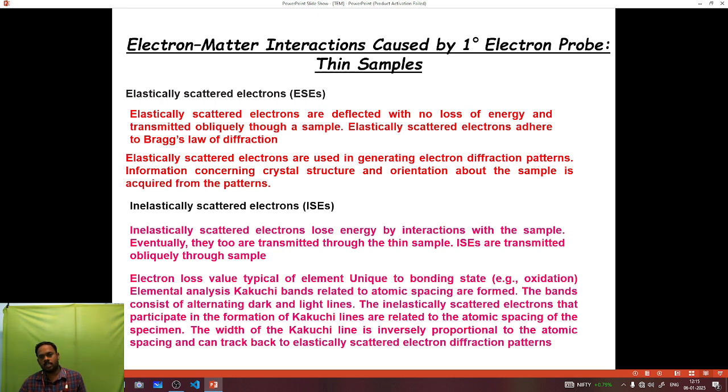Then elastically scattered electrons will give you the information about the crystalline nature of the sample. Inelastically scattered electrons will produce the Kikuchi lines, Kikuchi bands. From that we can get the idea about the interspacing value, the distance between two atomic layers. We can measure it from the image.